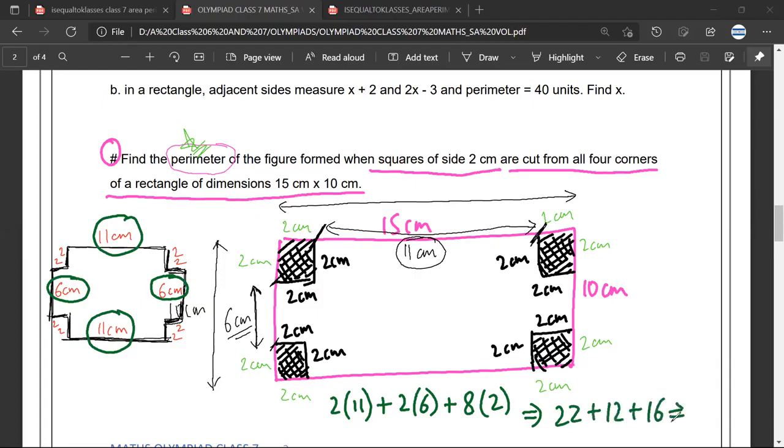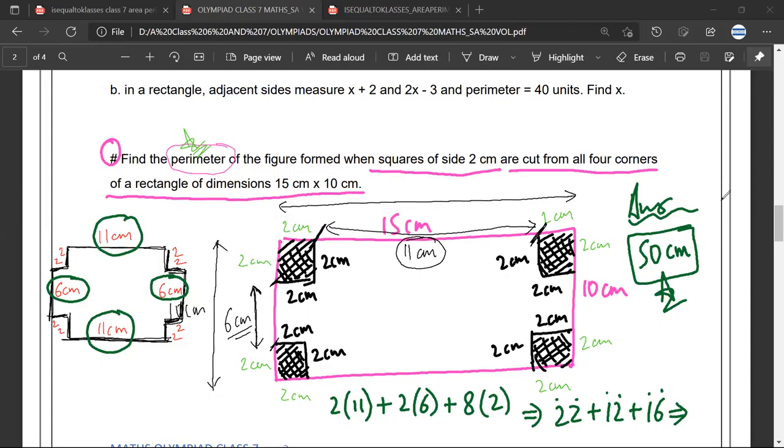Mr. Sarthak, do we agree? Yes, sir. So 22 plus 12 is 34. 34 and 16 would be 50. Do we agree? Yes, sir. So this would be the final answer, 50 centimeters. Mr. Sarthak, do we agree?